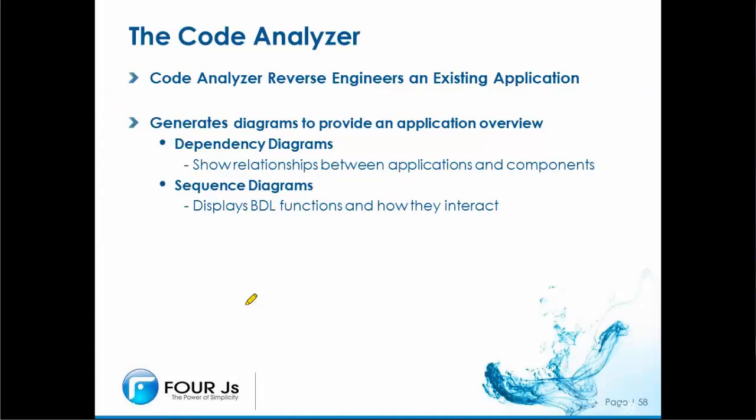So the first topic is the code analyzer, which is really 2 tools that are used for reverse engineering an application. You've got a couple of diagrams that can be created. The first one is what they call a dependency diagram. The purpose of the dependency diagram is to show you the relationship between, let's say, your source files primarily, your source code files, your modules.